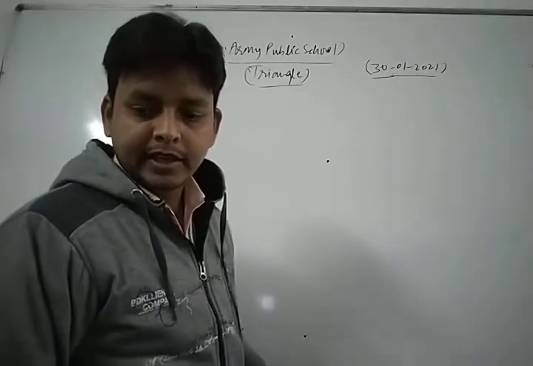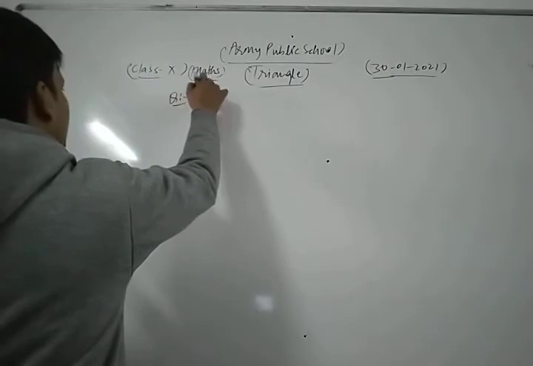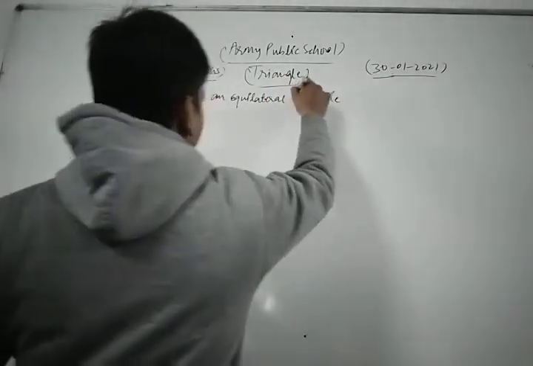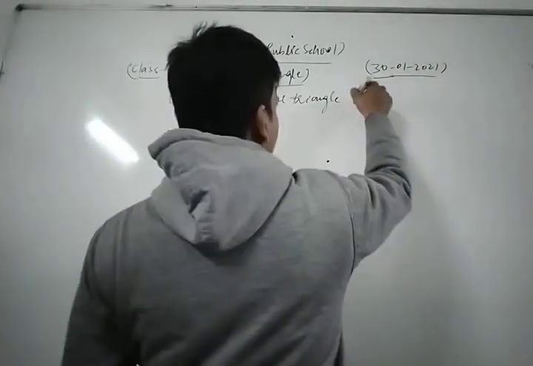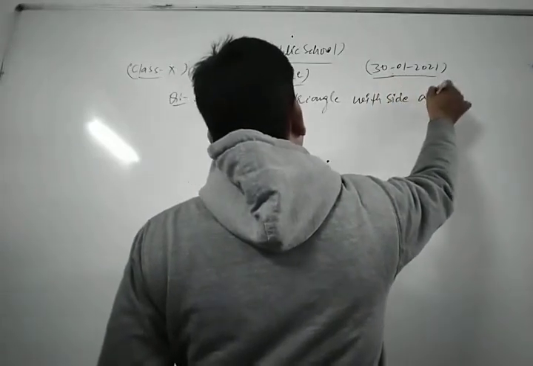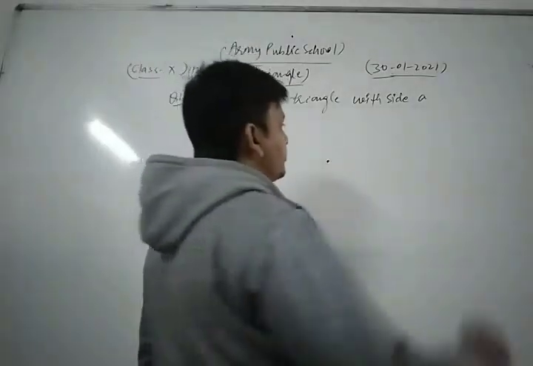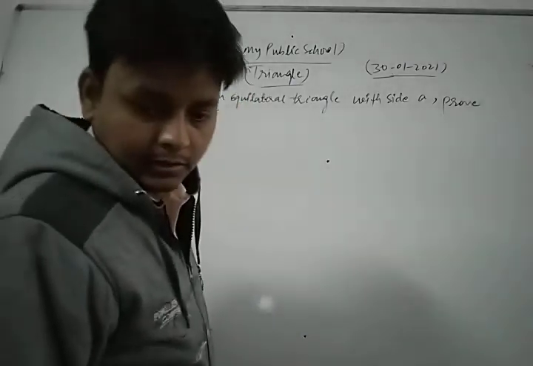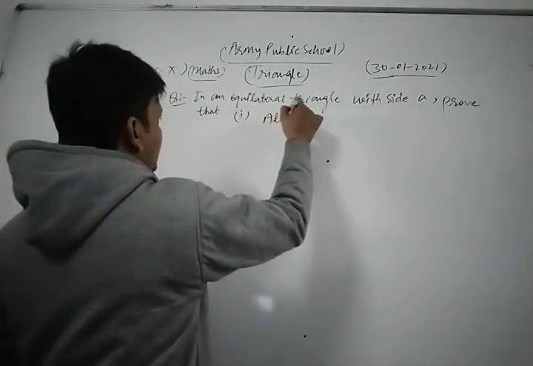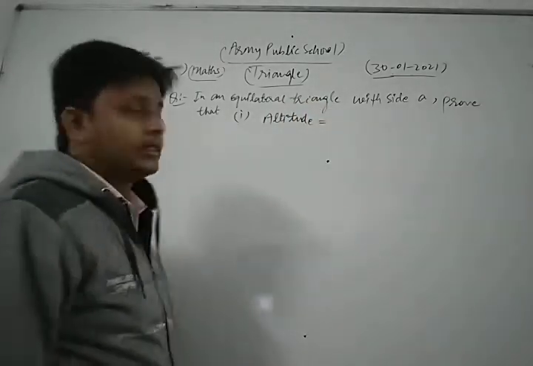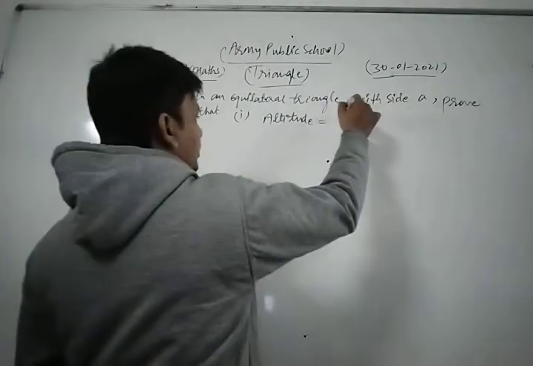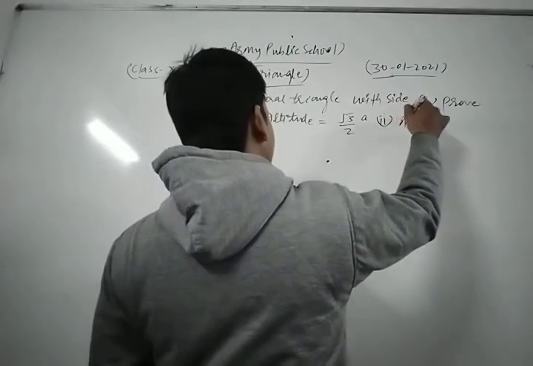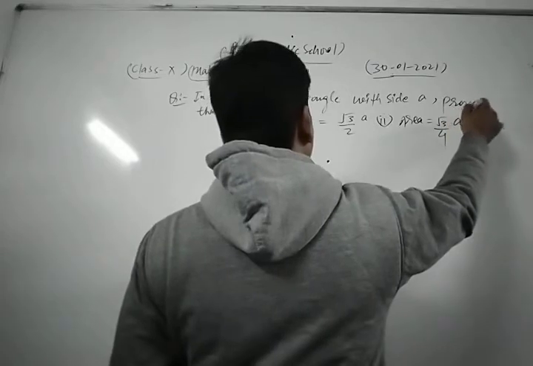Now let's see, dear students. The question is: in an equilateral triangle with side a, prove that first its altitude is root 3 upon 2 into a, and second its area is root 3 by 4 into a square.